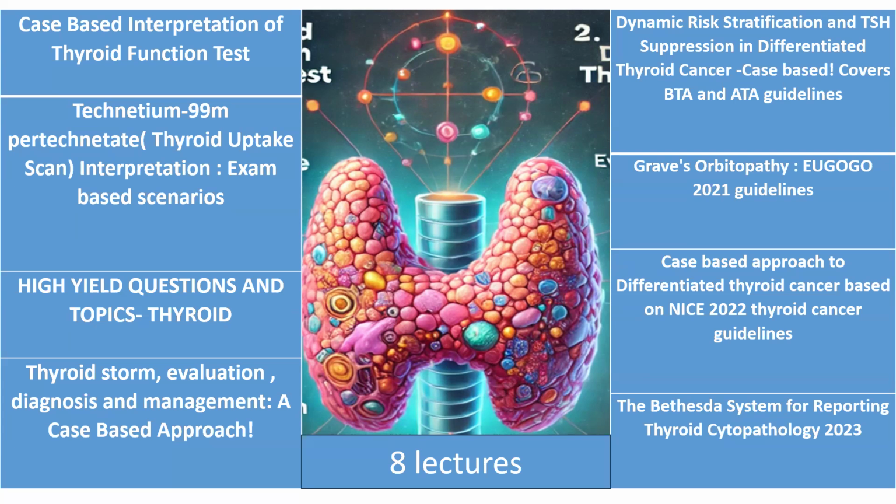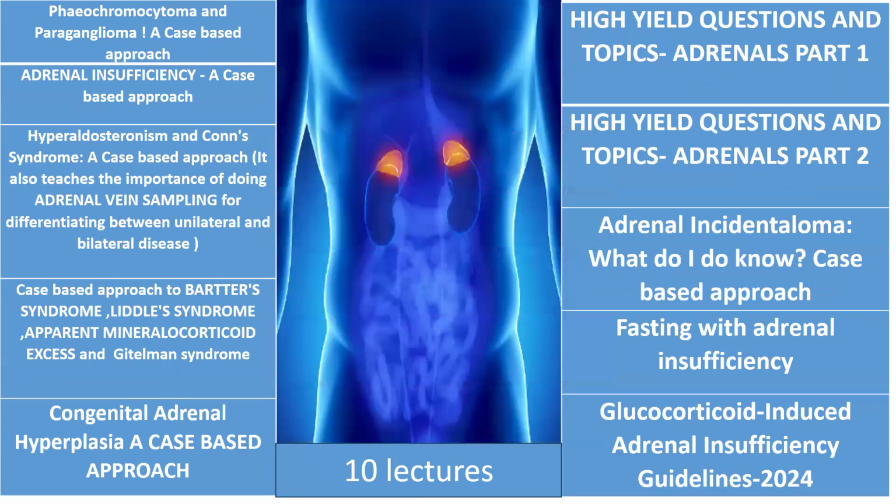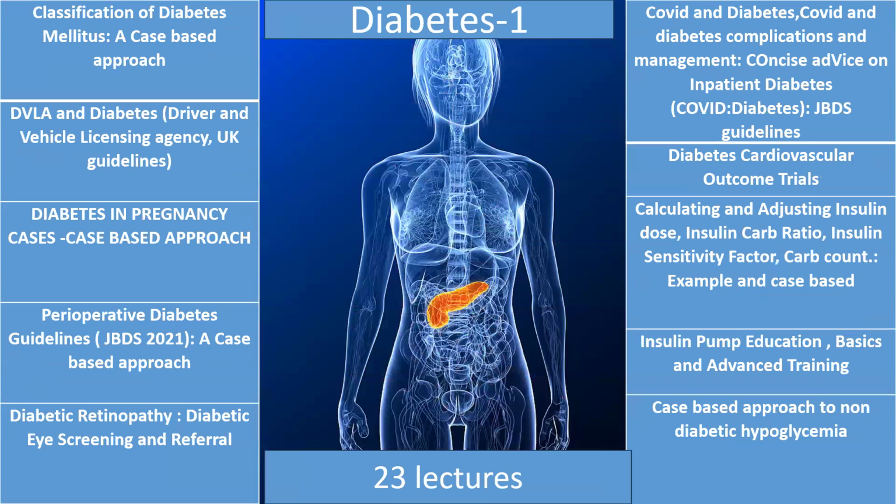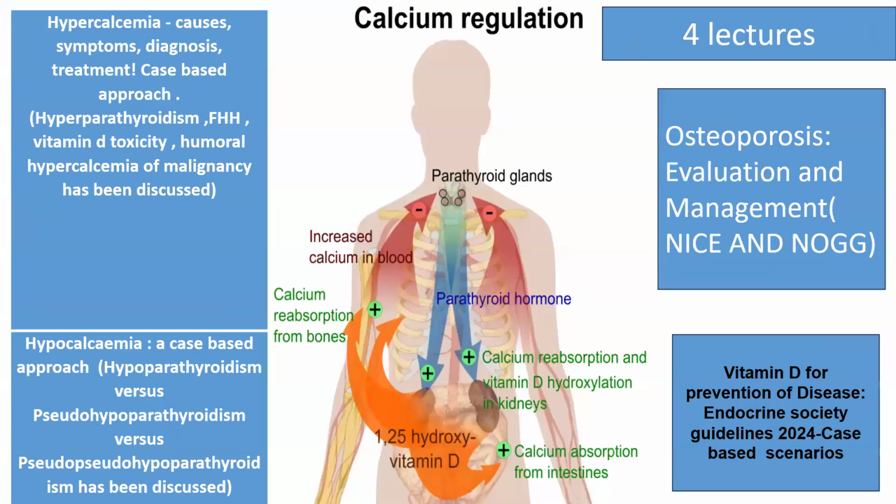There is an extensive list of lectures for thyroid, for the adrenal gland, for the pituitary gland, covering at length all aspects of diabetes, the different guidelines, JBDS as well as NICE, and each and every guideline is via case-based approaches. Then there are sessions on calcium regulation as well.